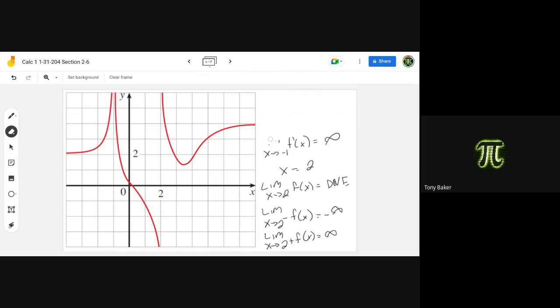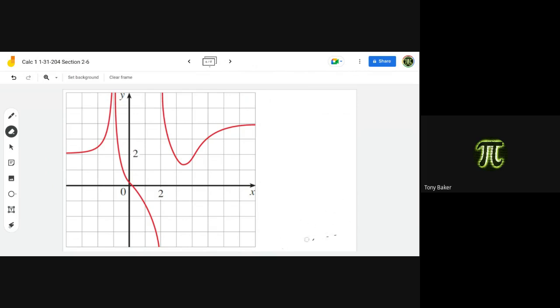Look at horizontal asymptotes now. What's the limit as x goes to negative infinity of f of x? It's going to be 2, because this side's getting closer and closer to the 2.